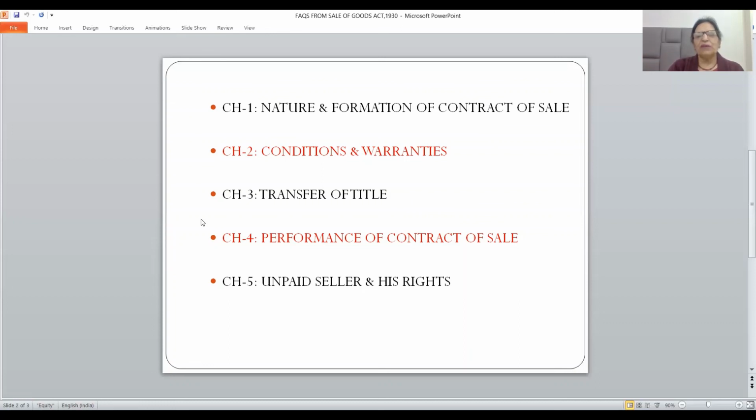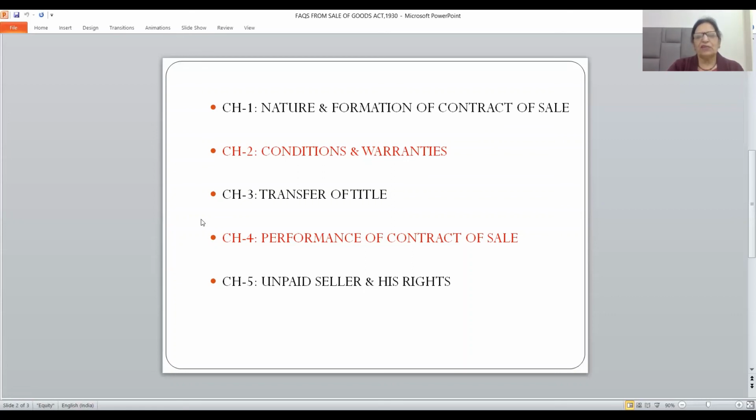Now, distinguish between right of lien and right of stoppage of goods in transit. 5 to 6 points are there. You have to write this distinction in the tabular form. Okay, so these 2 are the important questions which have been asked from this chapter in DU examinations and other examinations.